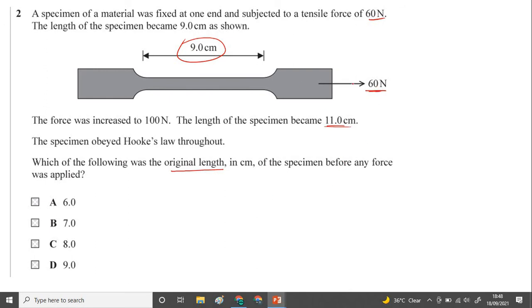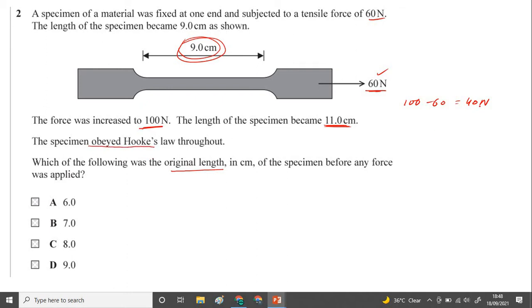When the force is 60 Newton, the total length is 9 centimeter, and for 100 Newton the total length is 11 centimeter. That means the difference, 100 minus 60, so 40 Newton. Because the material obeys Hooke's law, we have a linear relation.